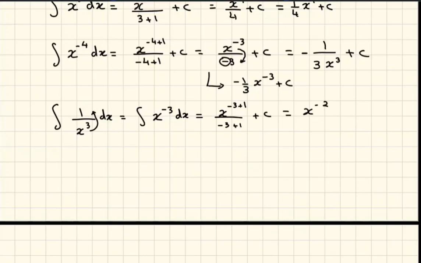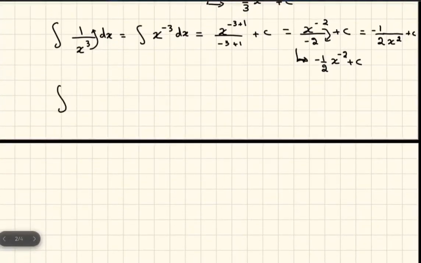So it's x exponent negative 2 over negative 2 plus c, which is minus 1 over 2. So I bring this one down, it becomes next to the 2. So you can write it with positive exponent in this way, or from here, you write minus 1 over 2 x exponent negative 2 plus c if they don't want positive exponent.